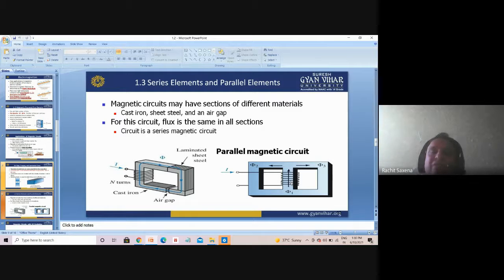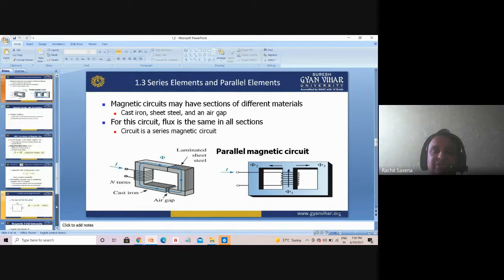It is similar to a parallel electrical circuit, where the current I divides into two branches, I1 and I2. Similarly, flux phi 1 corresponds to I and divides into phi 2 and phi 3. But in a series circuit, it remains the same.